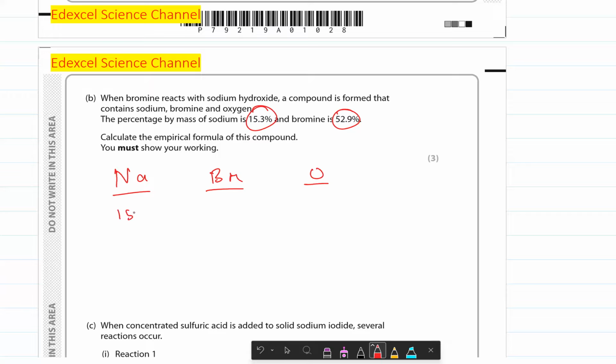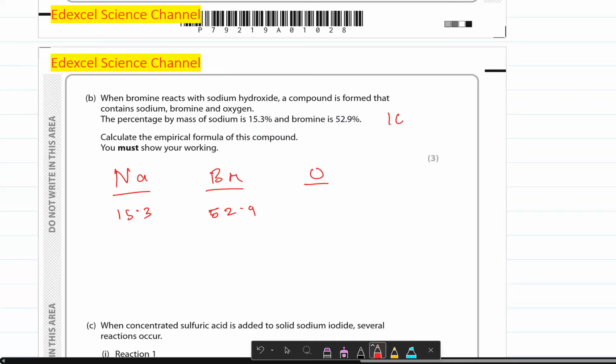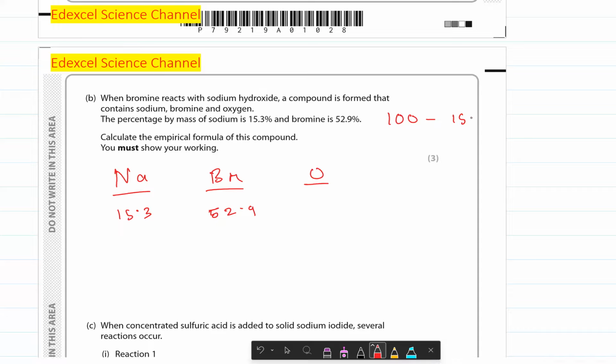But I do not actually know the percentage composition of oxygen. So we can just subtract it from 100, right? So percentage of oxygen is 100 minus 15.3 minus 52.9, which will give us 31.8%. So this is 31.8.